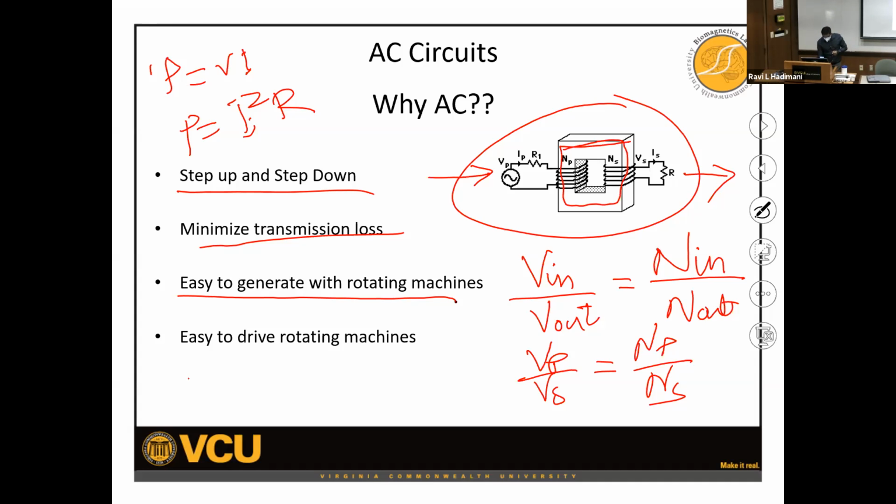Okay, and likewise, it's easy to generate AC power with generators. That's because when you have rotational motion, then the voltage signal that you get out is also in a sinusoidal form naturally.